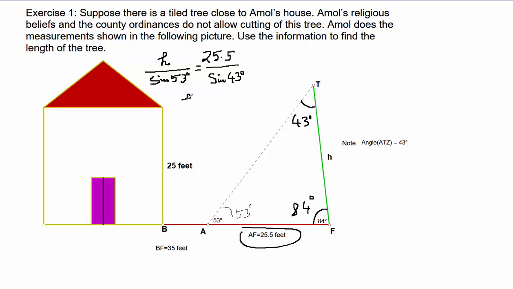So h will be equal to 25.5 divided by sine 43, multiplied by sine of 53.